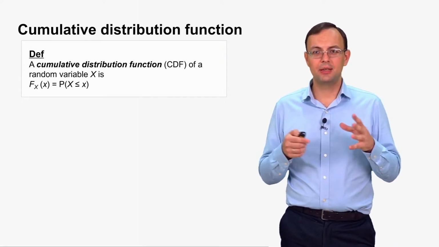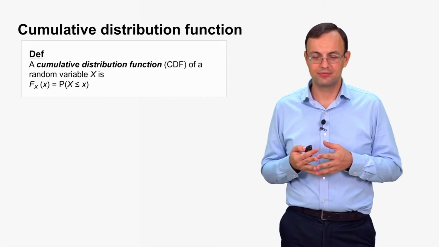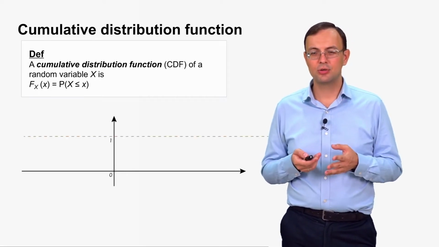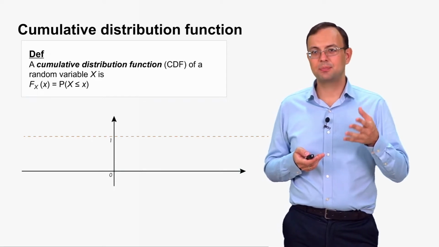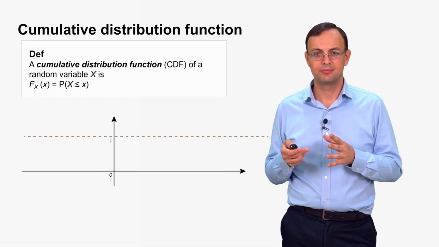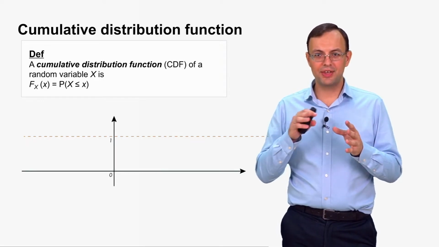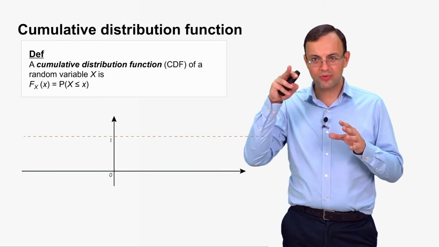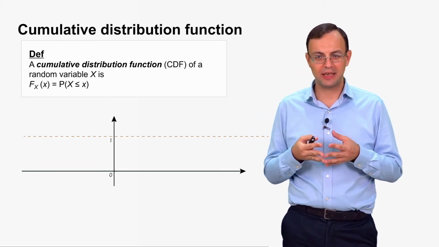What are the properties of the CDF that are direct consequences of this definition? As we see, CDF is a probability. On the right of the equality in this definition we see a probability P of capital X less or equal than small x.